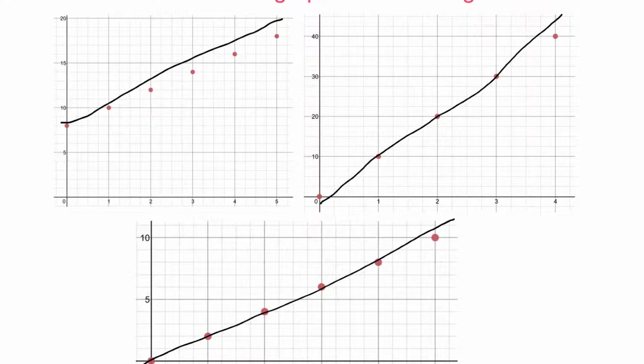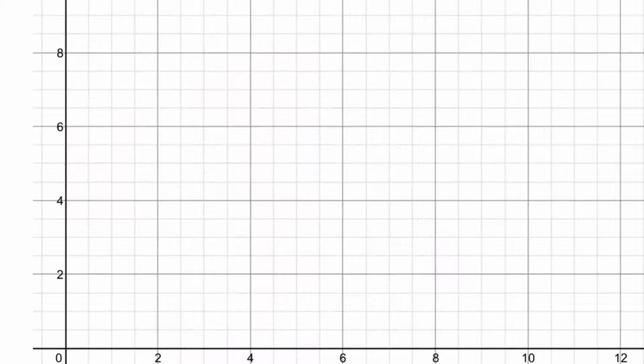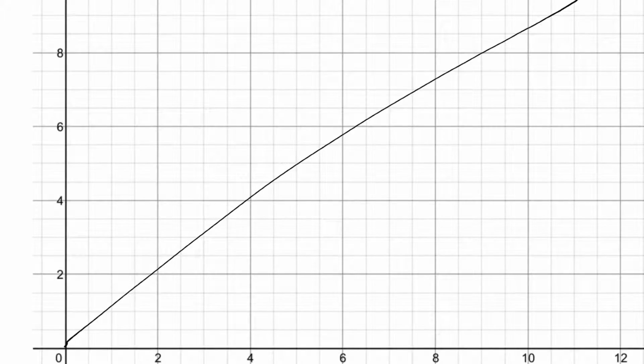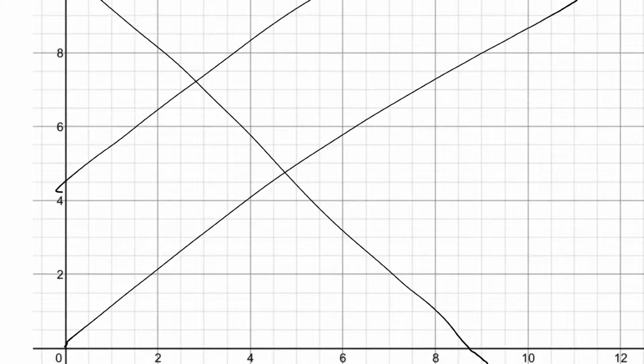So all of these are linear relations. So a linear relation looks something like this. It's a straight line, or this, or even this. Any one of those. What matters is it's a straight line.